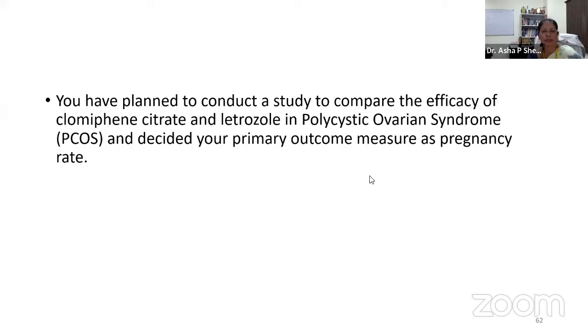Okay, RCT. Since it is a drug control, you may not go for what somebody has written? Yeah, crossover also, but I think this RCT is more suitable.